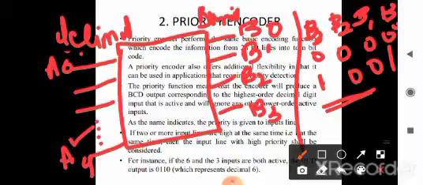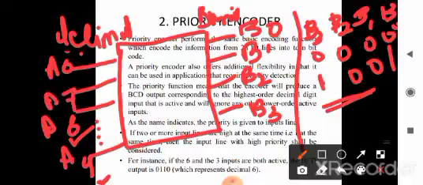Say in this one, the highest priority is given to the A9 input, the next highest priority is given to the A8 input, then A7, then A6, A5, and like that it goes down to the A0 input, and depending upon that we get the results in the output.